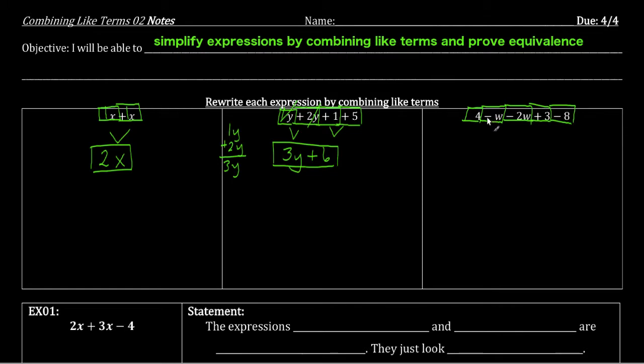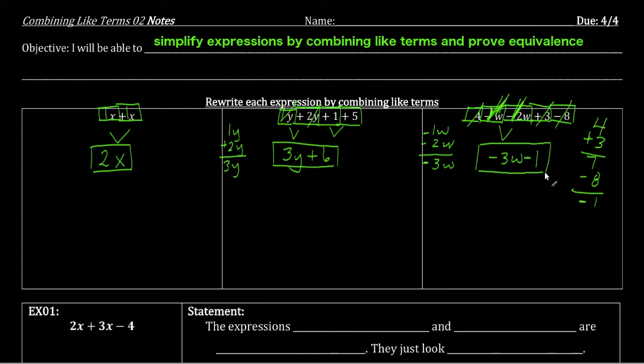We have a minus w, which is minus 1 copy of w, minus 2w, so we have minus 1w, minus 2w, that means we get minus 3w. And now we have 4 plus 3 minus 8, so 4 plus 3 gives you 7. Minus 8 gives you negative 1. So we write minus 1.